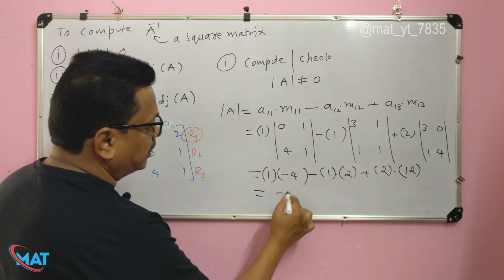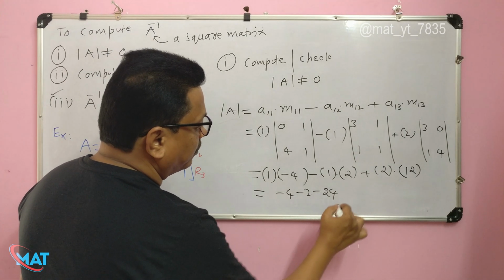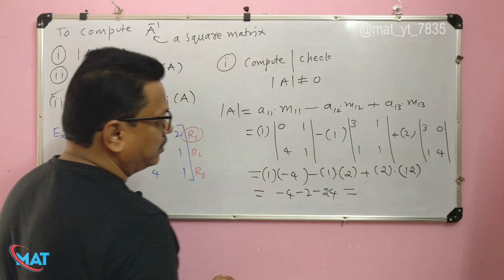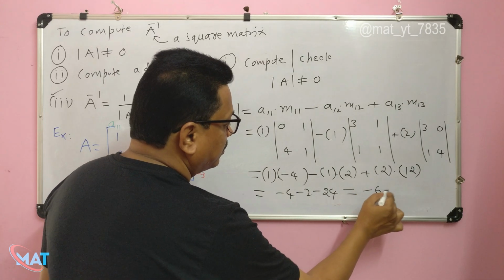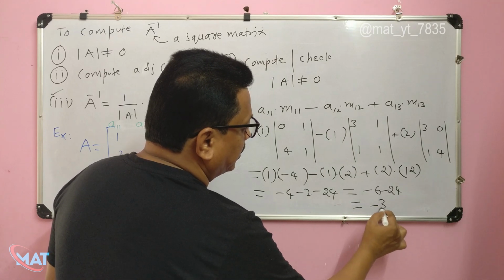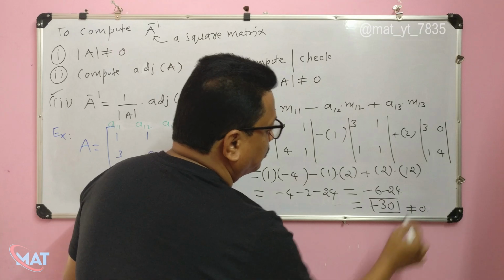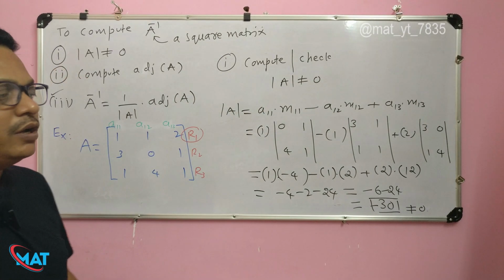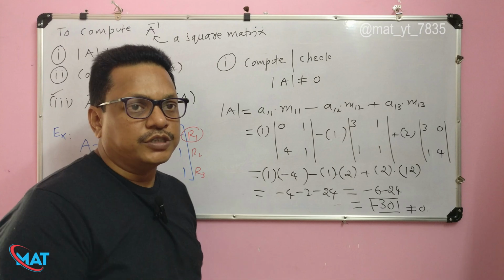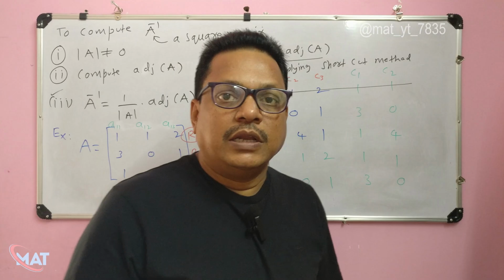Further simplification, negative 4, negative 2, minus 24. This comes out to be negative 6 minus 24, that is negative 30. So it is clearly not equal to 0. You may get a positive number or negative number but not 0. First condition is fulfilled. Let us continue.